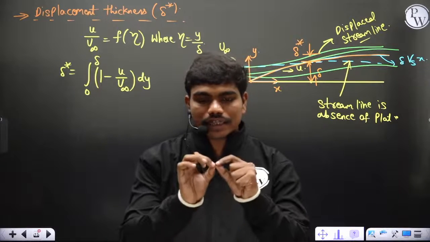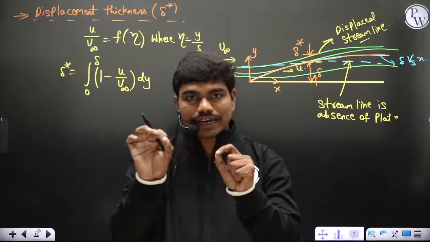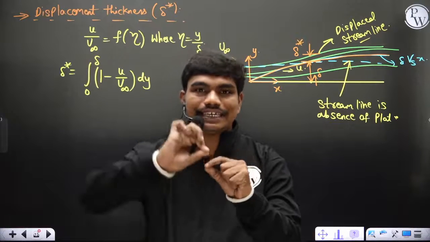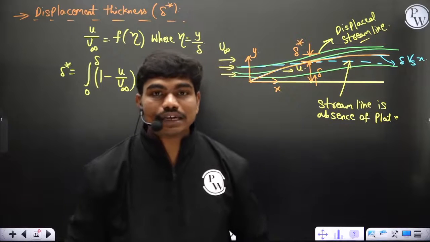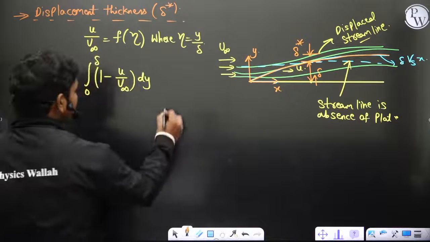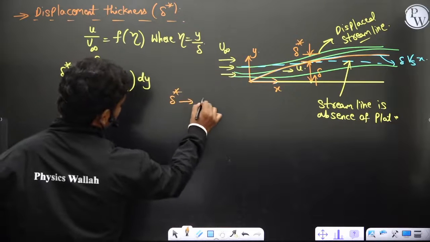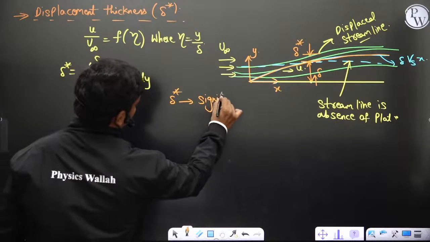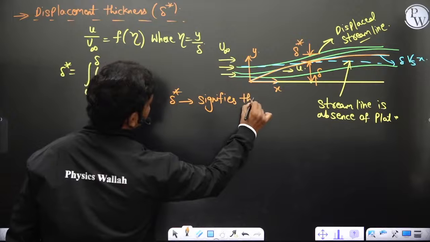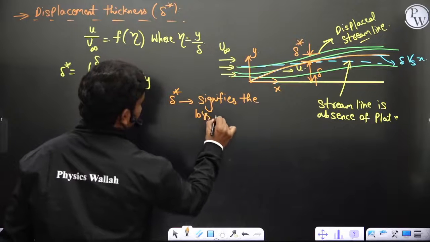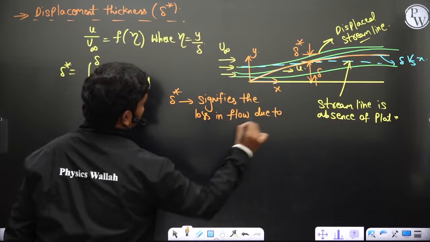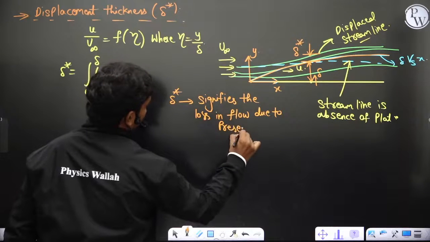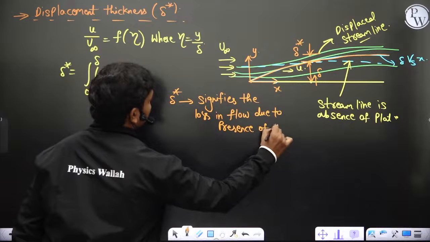I'm repeating, the thickness by which the streamline of free stream velocity gets displaced at a given section is called delta star. And what is the importance of this delta star? Delta star practically signifies the loss in flow due to presence of the plate at a section.